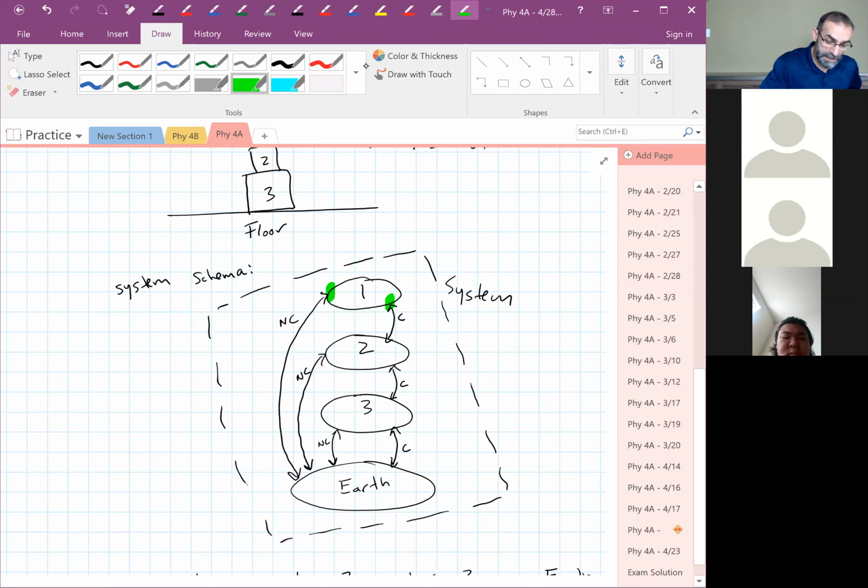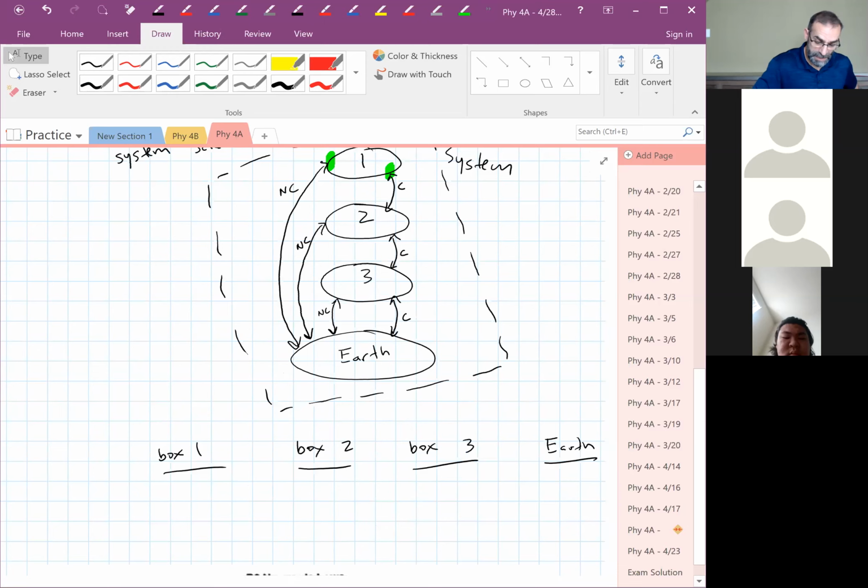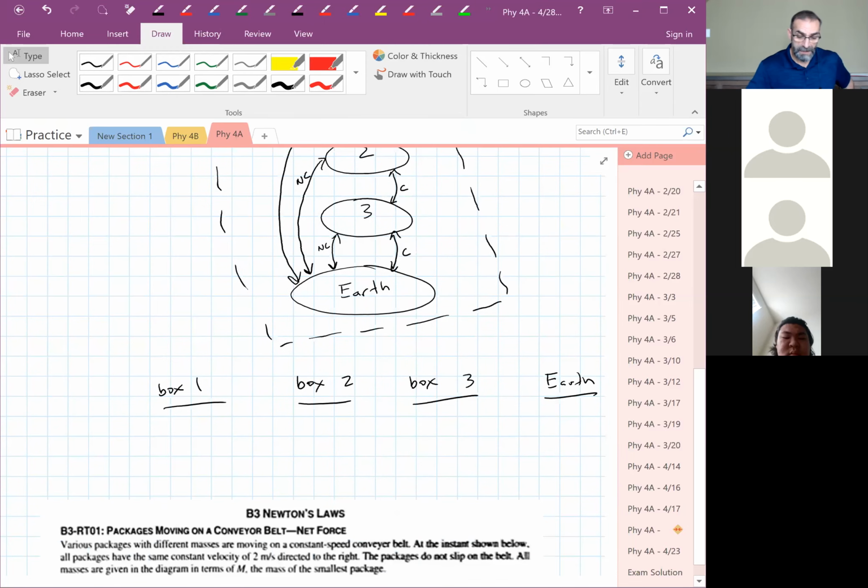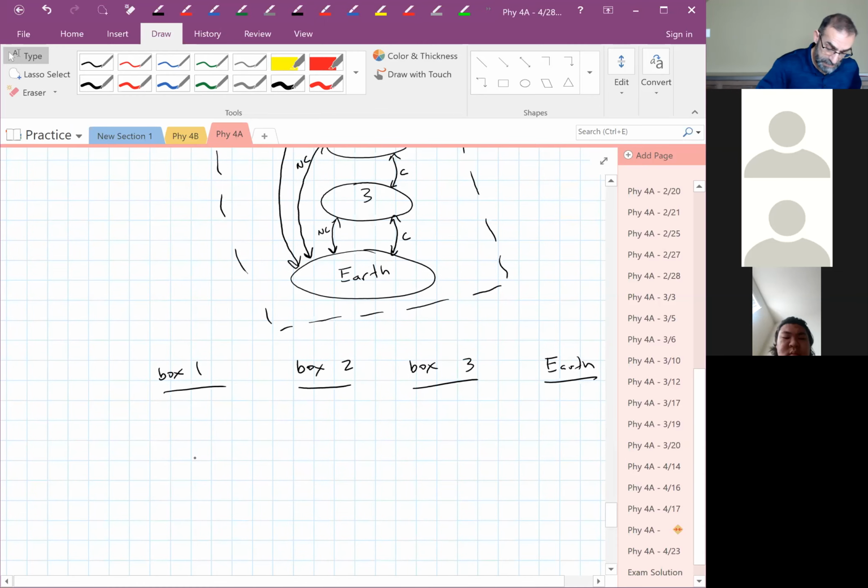So when I go back and look at this now, box 1, what's touching box 1? Box 2, right? So there's going to be a normal force pushing up on box 1 from box 2. Normal force 2 on 1. I've got a lot of normal forces here, so I'm going to go back to these subscripts.